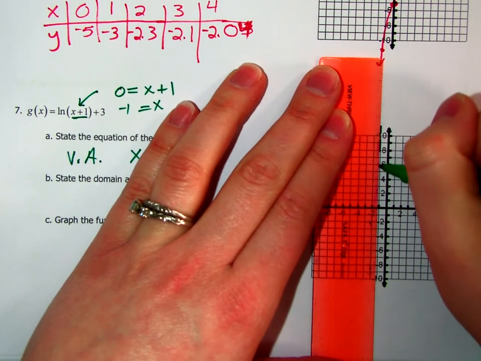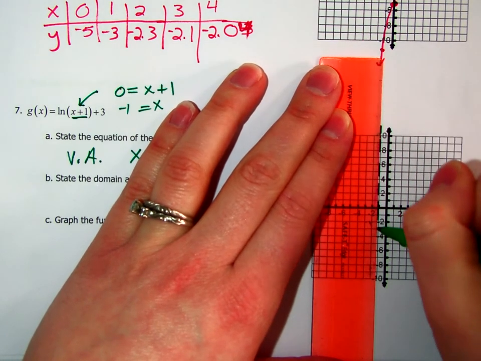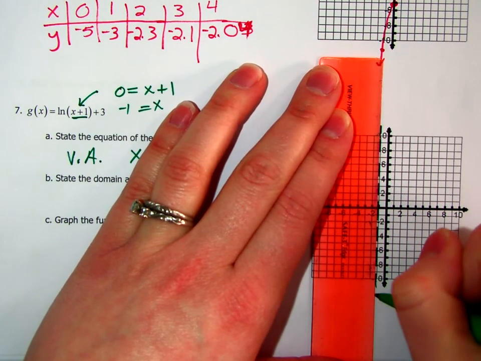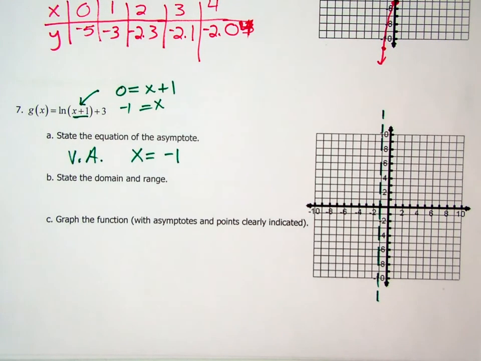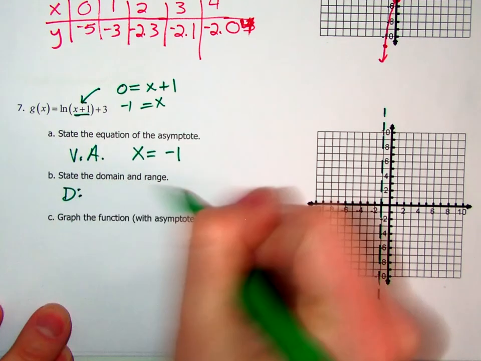And remember, they're opposites because logs and exponentials really are basically opposites of each other. They're inverses. They're how we undo the other one, right? So because the exponential had a horizontal asymptote, the logarithmic will have the opposite, which is a vertical. And then the opposite happens with domain and range as well, right?